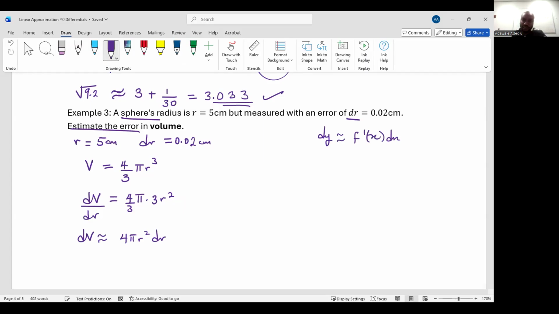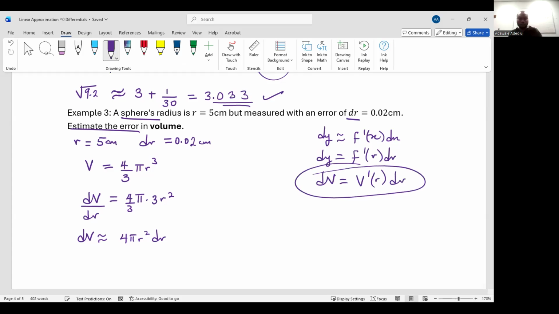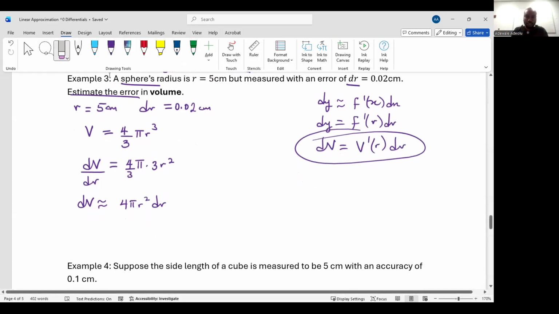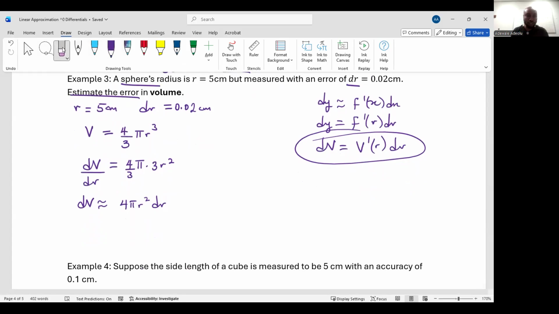In this case, our x is r, so that is f prime of r dr, that is dy. And our y is volume, so that is V prime of r dr. Nothing to memorize here. You just know what you are doing.